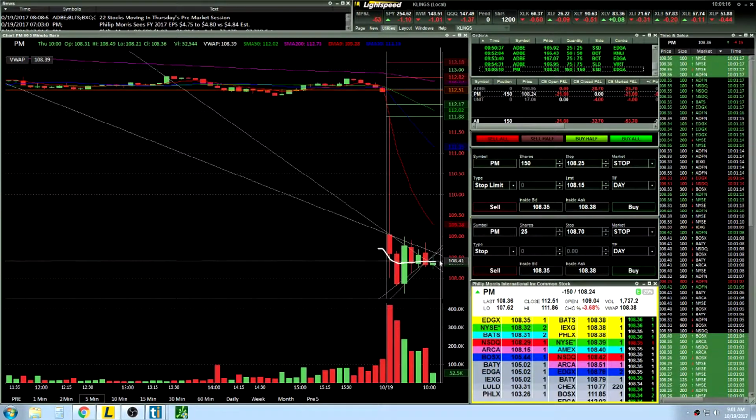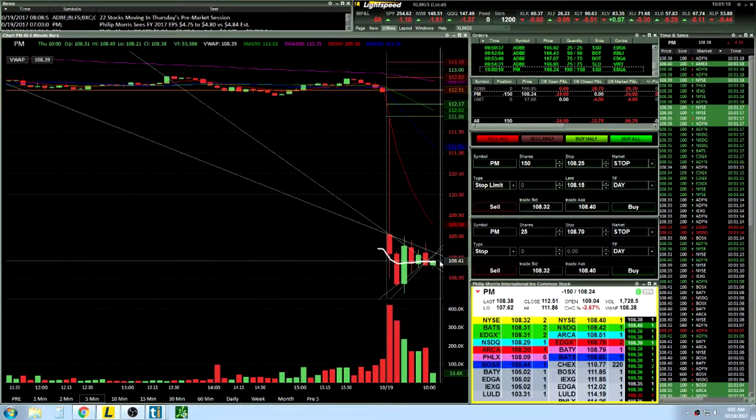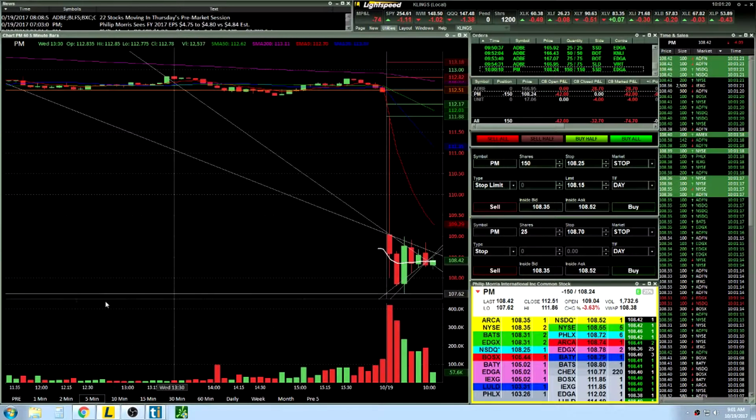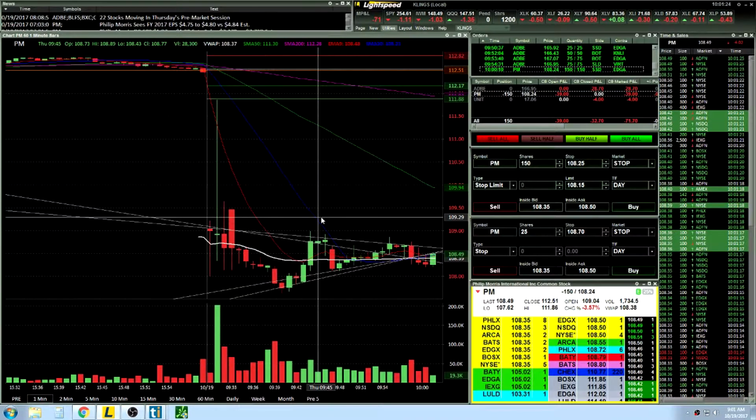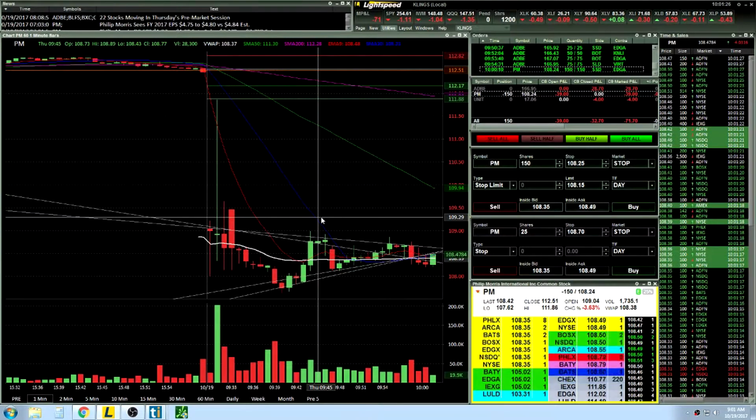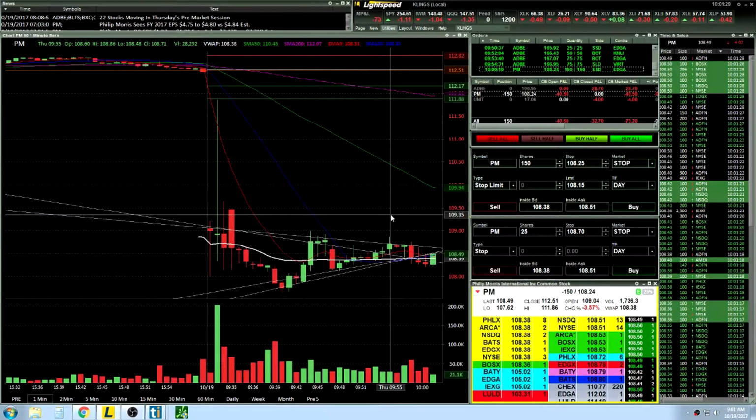So in the 5 case, we'll have to see what it does around the VWAP. We've got 4 minutes till it closes. And of course, as soon as I enter, it squeezes straight up.